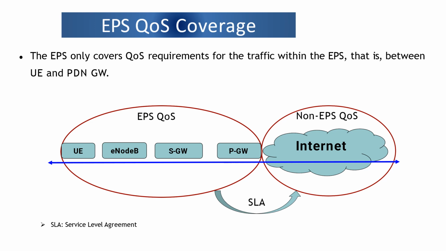The EPS only covers the quality of service requirement for the traffic in the EPS only, that is between the UE and PDN gateway. The session on the internet is beyond the EPS, and between the EPS QoS and non-EPS QoS there is a service level agreement between the external network and mobile home network.